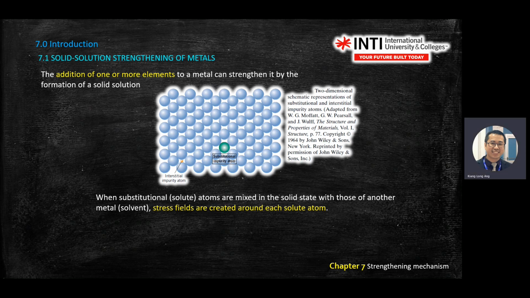Sometimes the atom, if it's not the same element, the radius will be maybe 98% the same, but not exactly the same, right? If the green atom here is a little bit bigger, it's going to squeeze the space around the neighbor. When it squeezes, it creates stress.